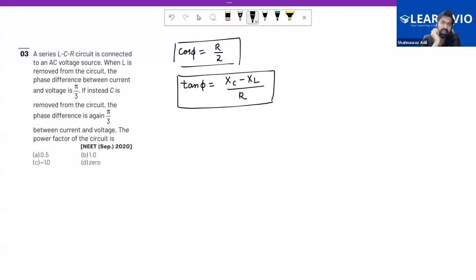And let's say what is the case? A series LCR circuit is connected to an AC voltage source. When L is removed from the circuit, right? So let's say we have this circuit, inductor, and then capacitor, and then resistor. So this is the initial case, right?